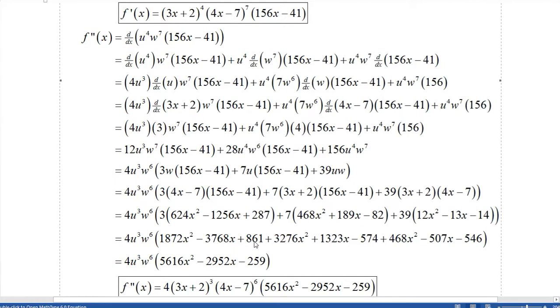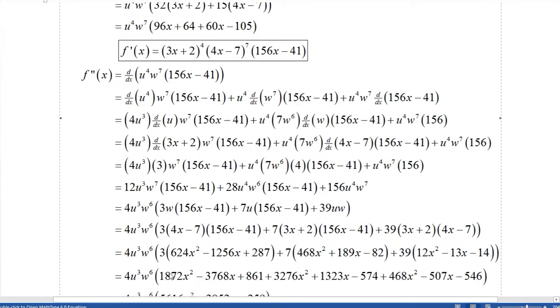And then the constants here, here, and here. And then we factor that if we can. It doesn't factor nicely, I think it may actually be prime. And then substitute back in what u and w are. And there's the second derivative.